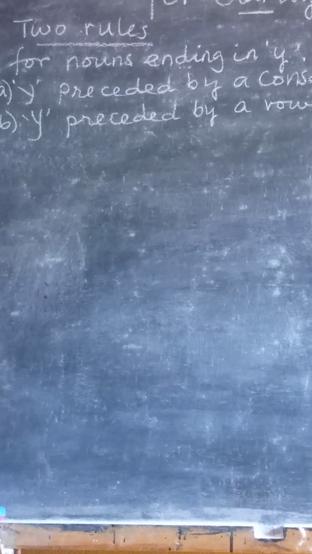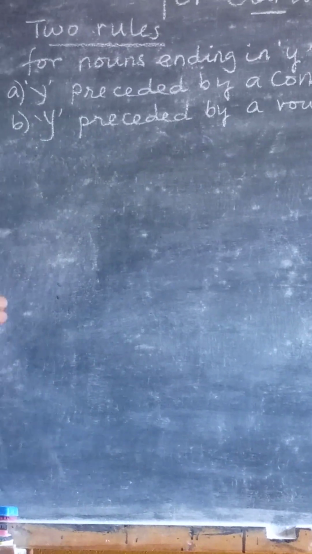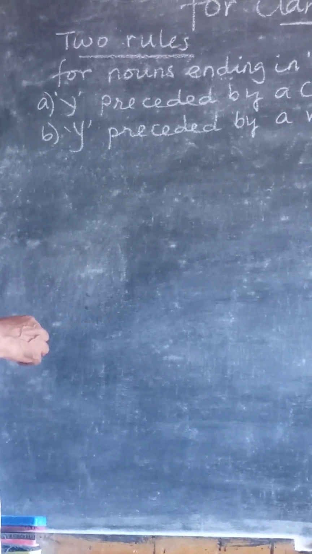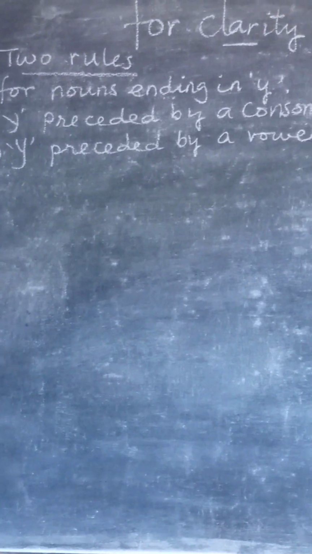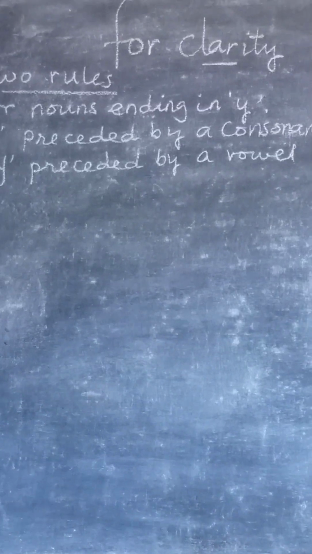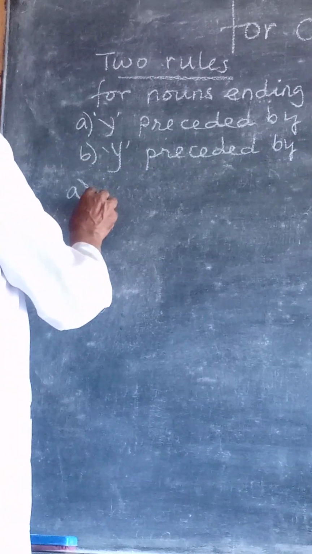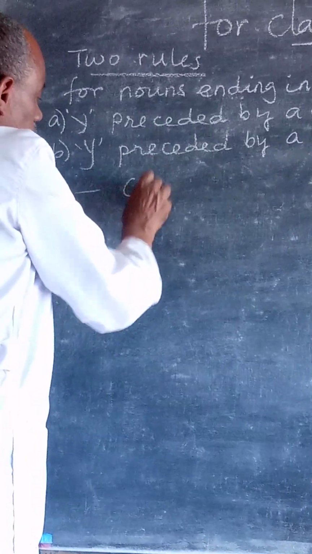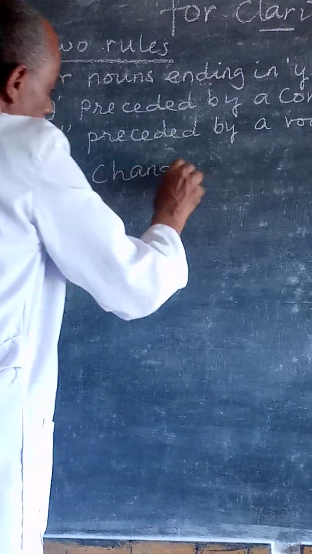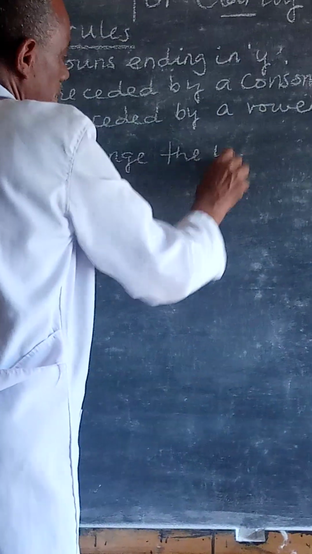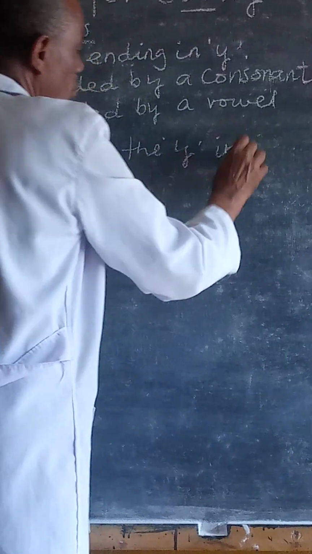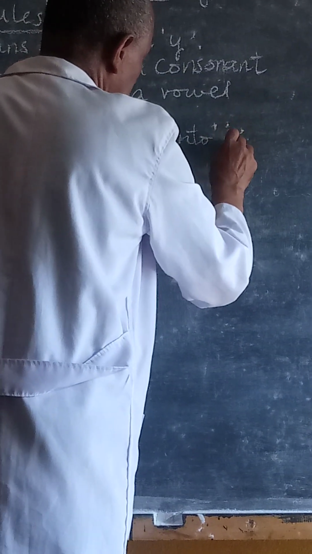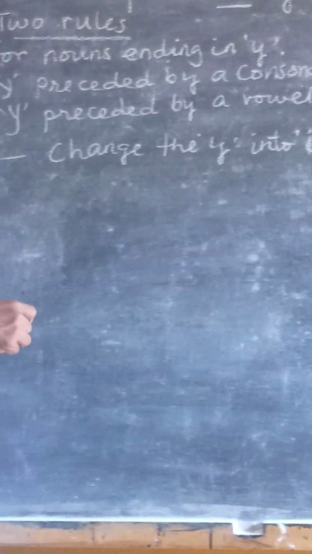When we look at the first one, it is about the Y which is preceded by a consonant. When Y is preceded by a consonant, then change the Y into I. This is the first thing.